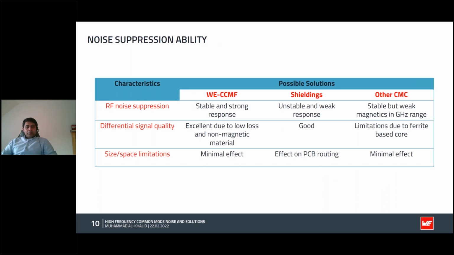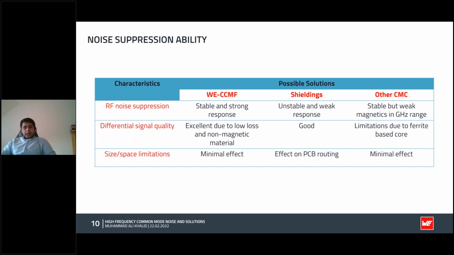Here is a brief comparison between these solutions that we just discussed. You can see that shielding is highly dependent on the mechanical design, and due to openings in the shielding design, the RF noise suppression is compromised at higher frequencies. Conventional ferrite-based common mode chokes or filters are very effective, no doubt, against broadband RF noise.